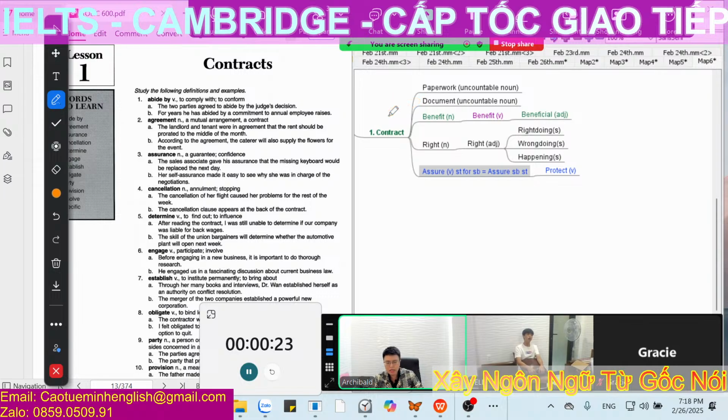If you work without a contract, nobody will protect your benefit, and nobody will assure the right benefit or the right salary for you. They easily do the wrong thing, and their wrongdoing is not going to be judged by anyone. So that is why we need to have a contract. All right. So here, wrongdoing.